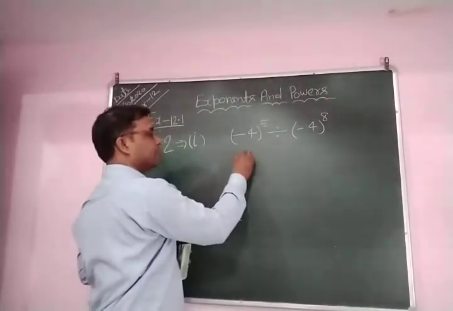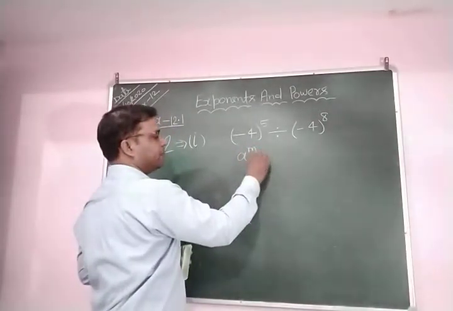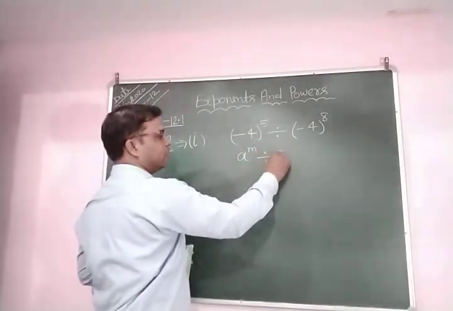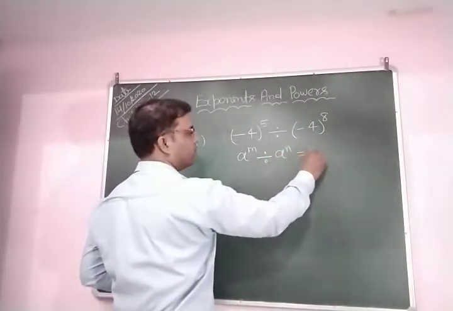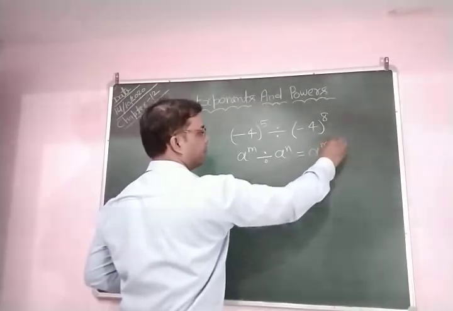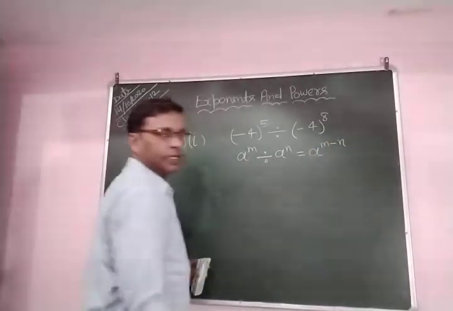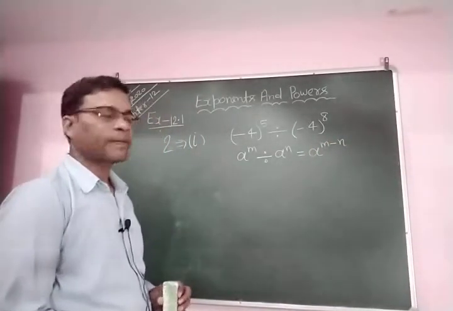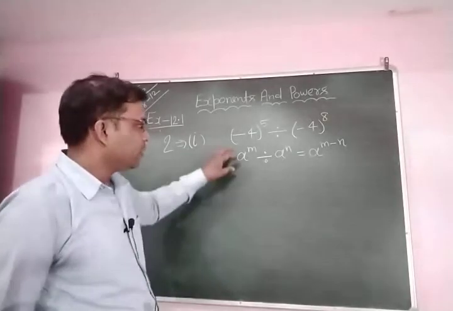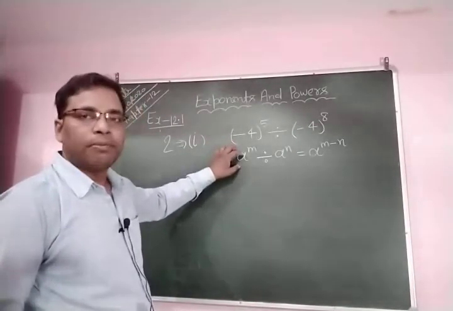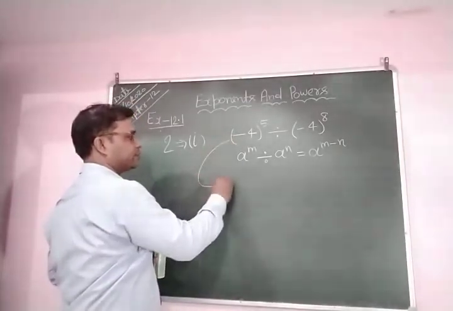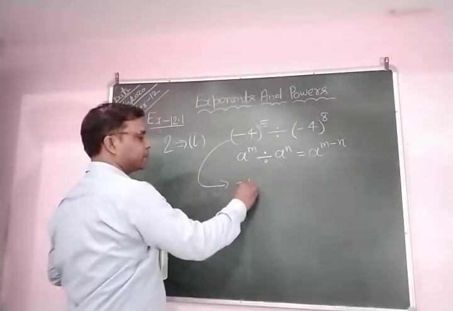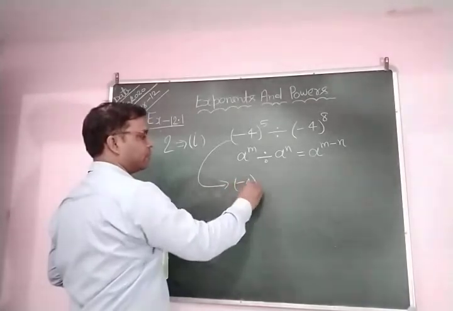Here a to the power m divided by a to the power n gives a to the power m minus n. Is this clear? Now, according to this law of exponents, we can write minus 4 to the power 5 divided by minus 4 to the power 8.